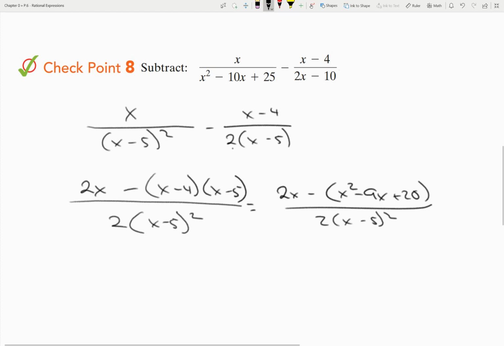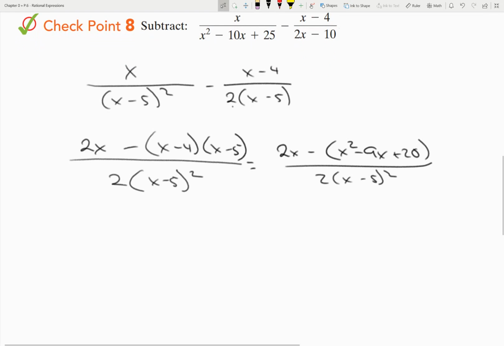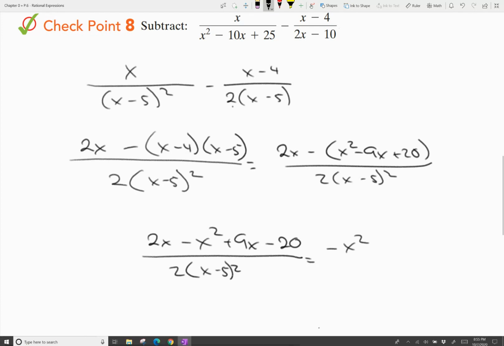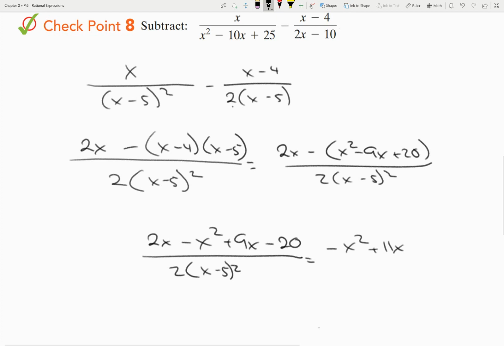So we got, let's get a little bit more room here, a 2x minus x squared plus 9x minus 20. The 2x and the 9x can go together. So we get a negative x squared plus 11x minus 20 over 2 times x minus 5 squared.